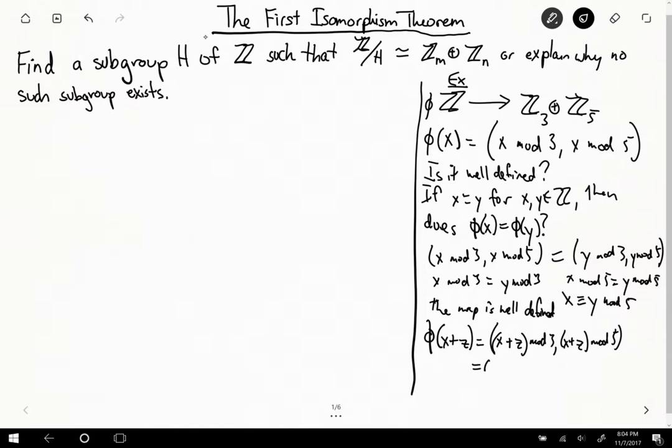But notice this is the same thing as x mod 3 and x mod 5, and the way we've defined our operation for addition, we do it component-wise, plus z mod 3 and z mod 5. So notice we get that this is just phi of x plus phi of z. And so it seems like we have a homomorphism here. Everything's hunky-dory.